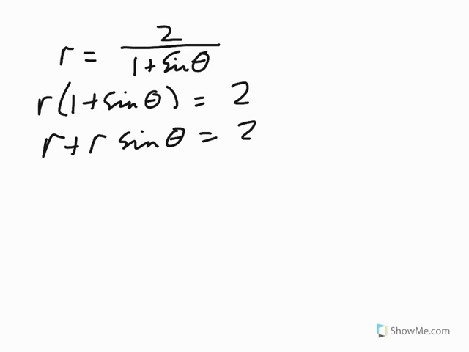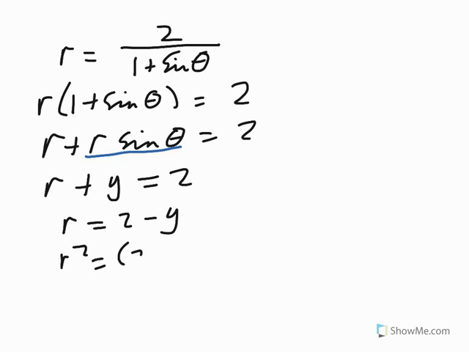Now the r sine theta bit, that bit there of course is y, so we've got r plus y equals 2. And so we've got r then equals 2 minus y. And if we square it, r squared is 2 minus y, squared.